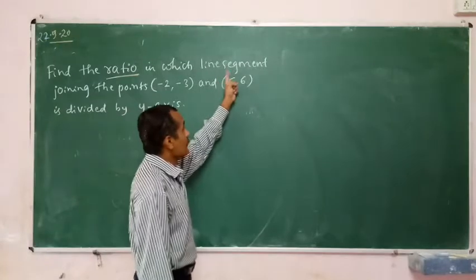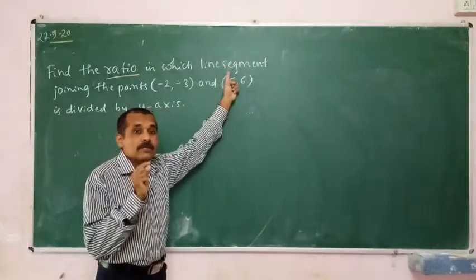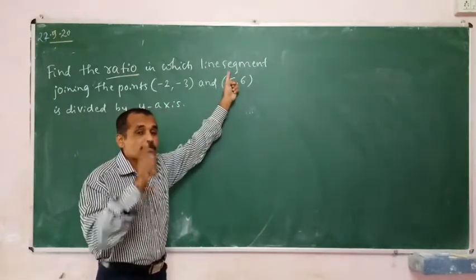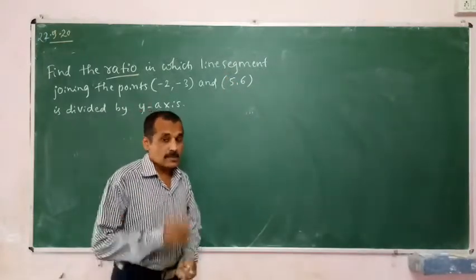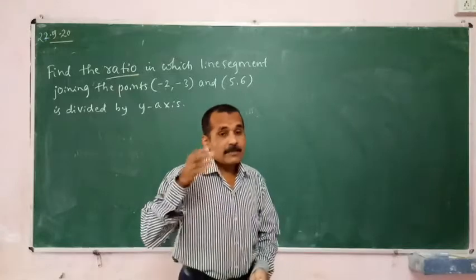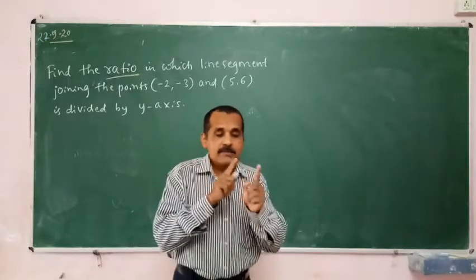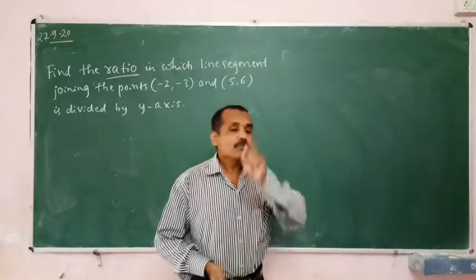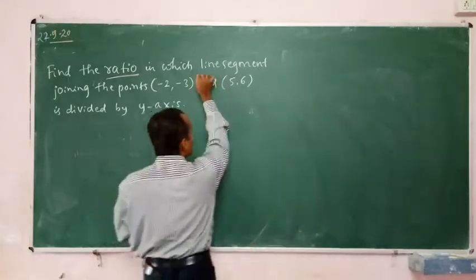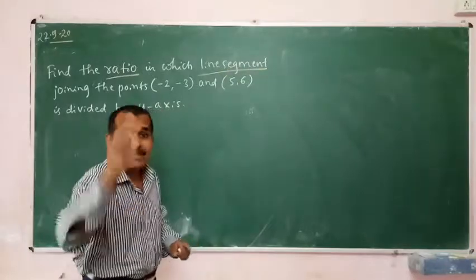In which the line segment, my dear children, this word line segment is very much essential to solve the problem of a section formula. See, later I will tell some problems to you where there will be a confusion between the distance and the section formula. So it is very essential. In every problem they should give you that it is a line segment.